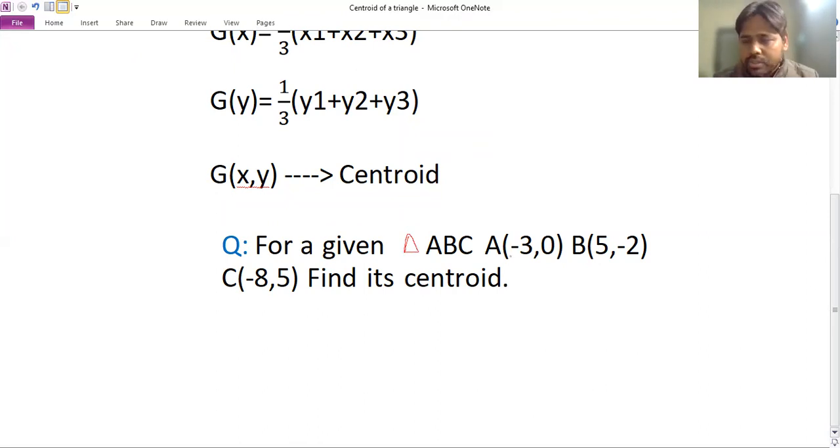For the given triangle, the 3 different points are (-3, 5), (-2, -8) and (5). So these are the 3 different points for which we need to find the centroid. Let's not waste time and see how we can reach the solution.